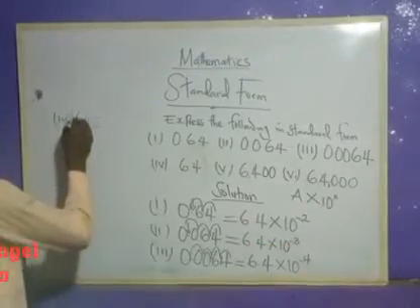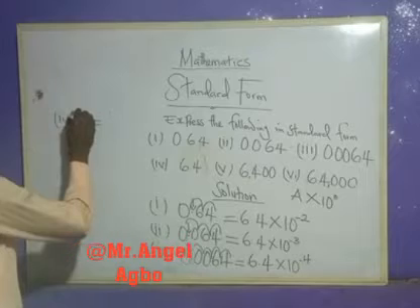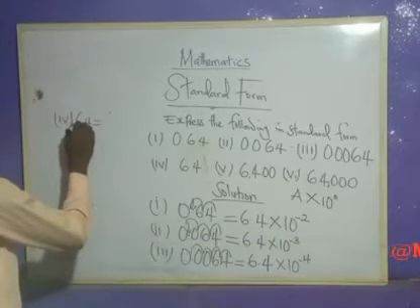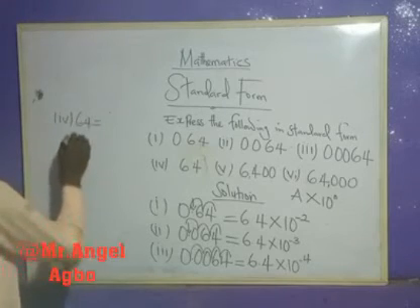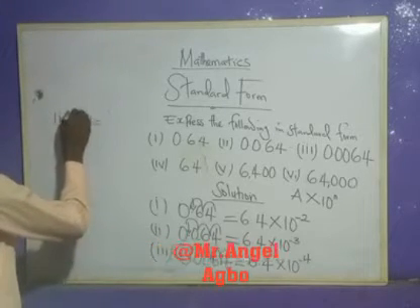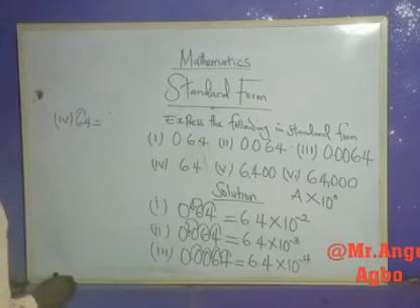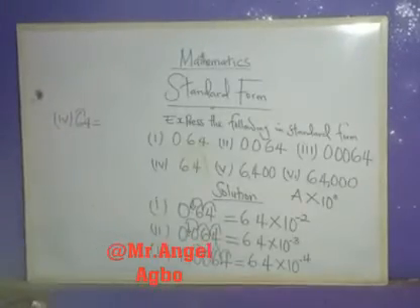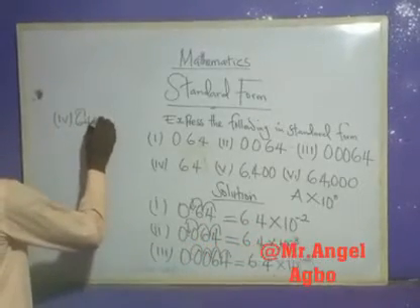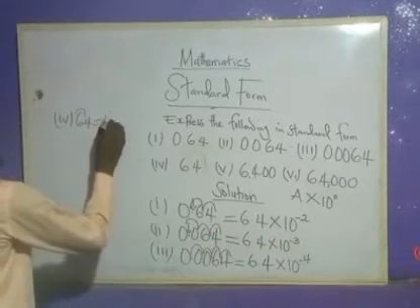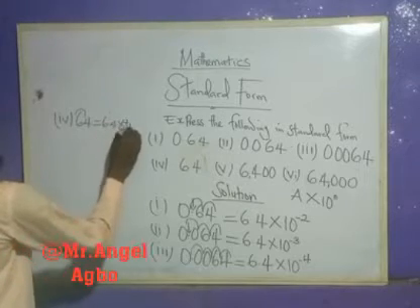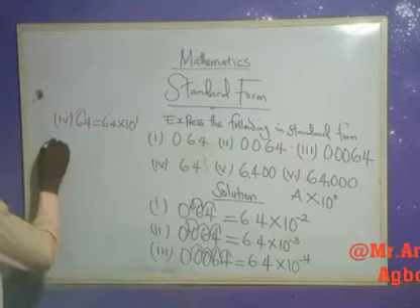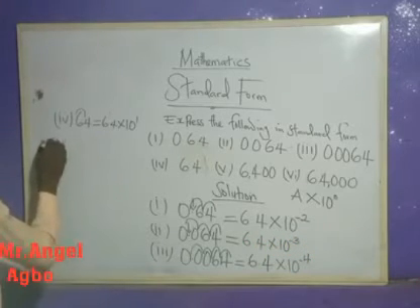Our decimal point is going to be in this position here, between 4 and 6. So we're counting to this side like this. So it's going to be what? It's going to be 1. Do you get it? So we have it as 6.4 times 10 raised to power 1. That is just it.